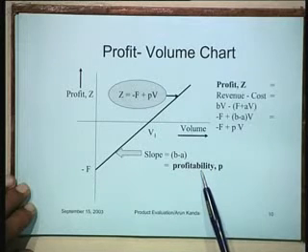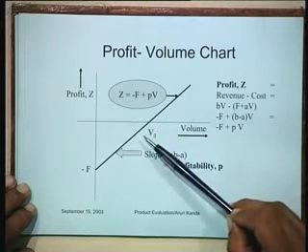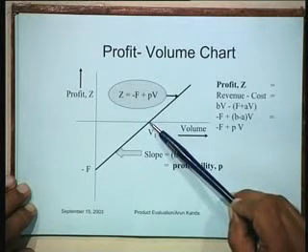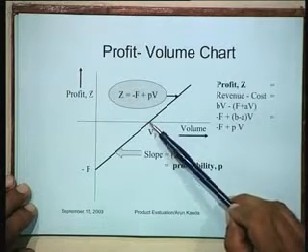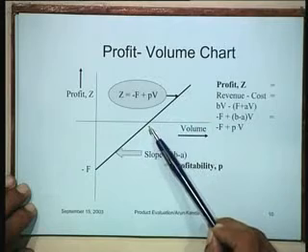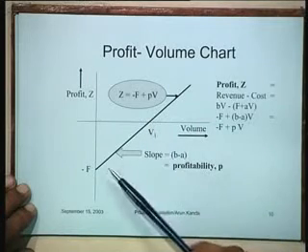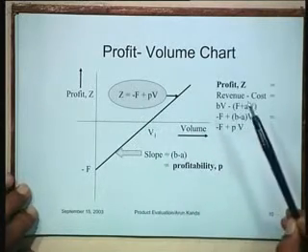This is how we formally define profitability of a product. And we would see that the point where the volume corresponding to which the profit is 0 is defined as the break-even point. So that point is V1 here. V1 is the volume of sales, and this is the equation of the profit volume chart.